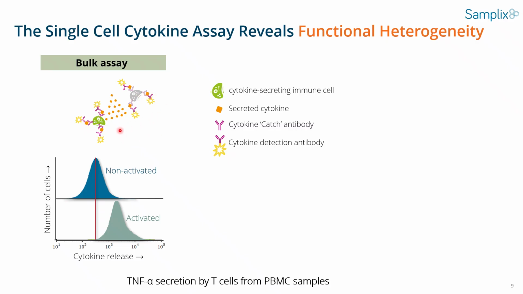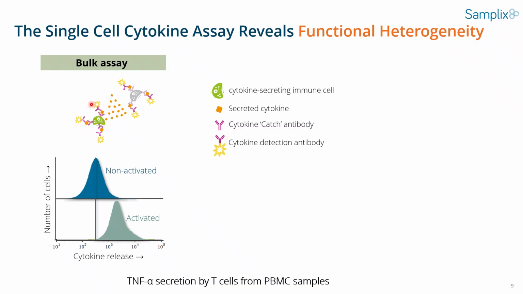The way the assay works is by anchoring catch antibodies on the surface of the effector cells. Those catch antibodies recognize the cytokine that you're interested in. You then incubate the cells, and the secreted cytokine will bind to these catch antibodies on the surface of that effector cell.